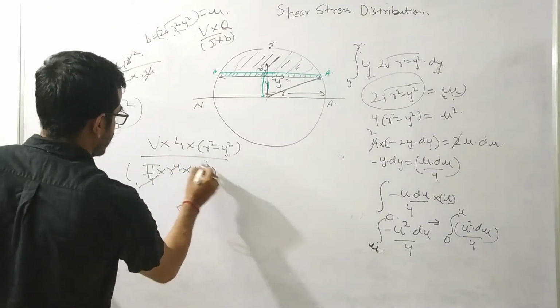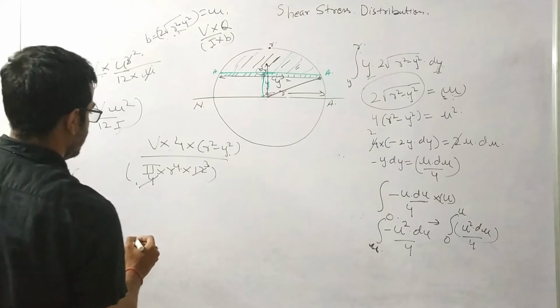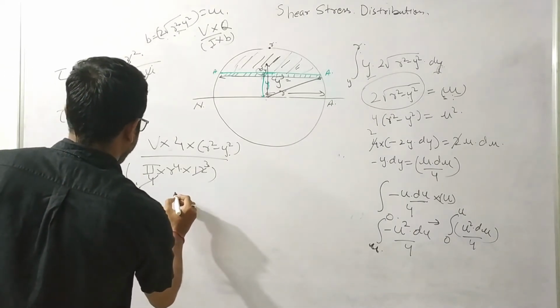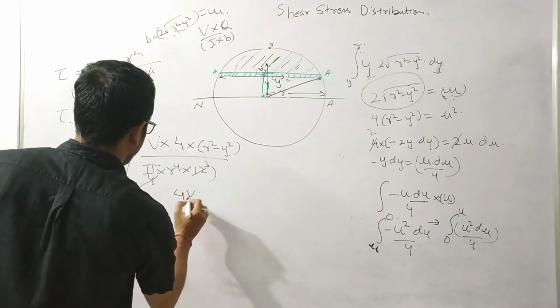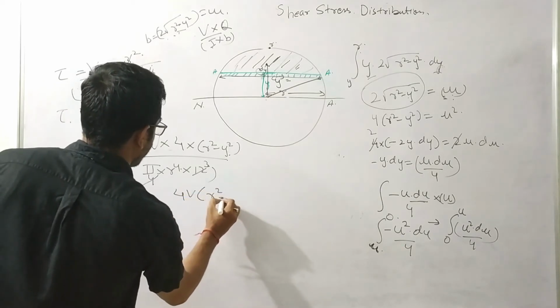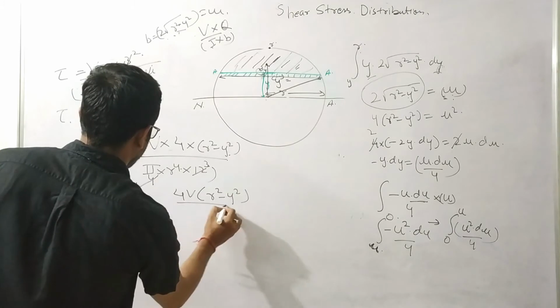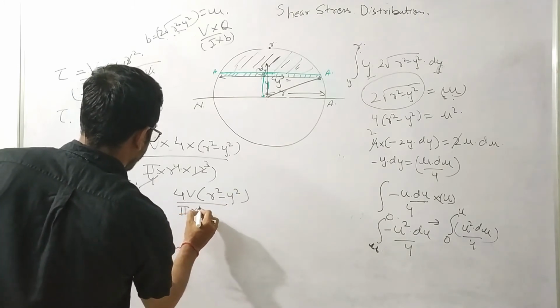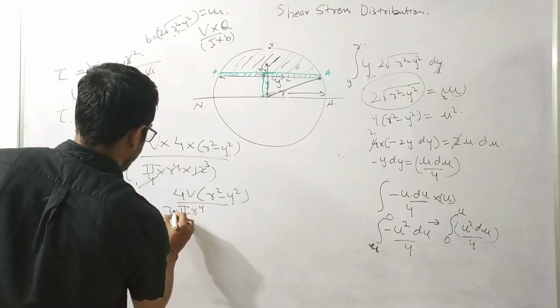This 2, 3 or 12. So the expression will be 4V (r square minus y square) over pi r to the power 4 into 3.